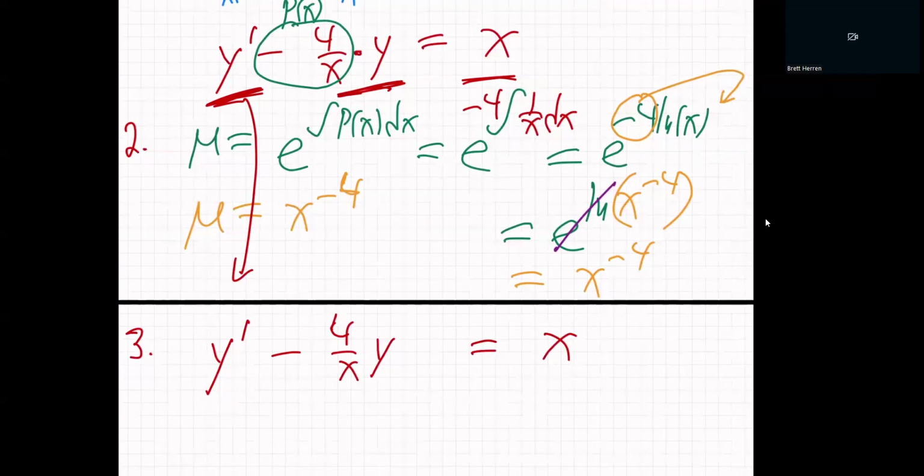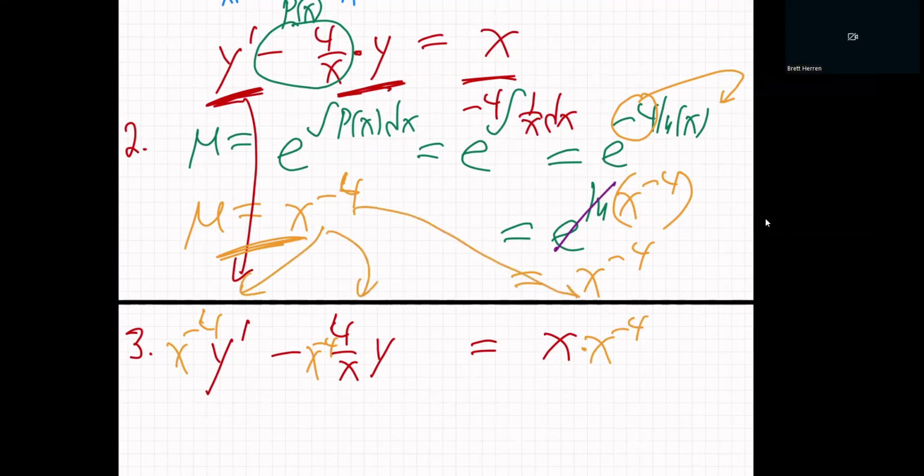I'm going to multiply through by that integrating factor: x to the minus 4 right there, and x to the minus 4 right there, and x to the minus 4 there. I multiply all three by x to the minus 4.